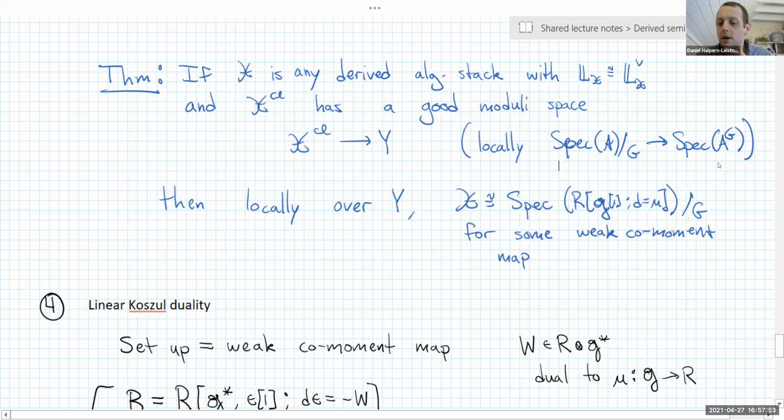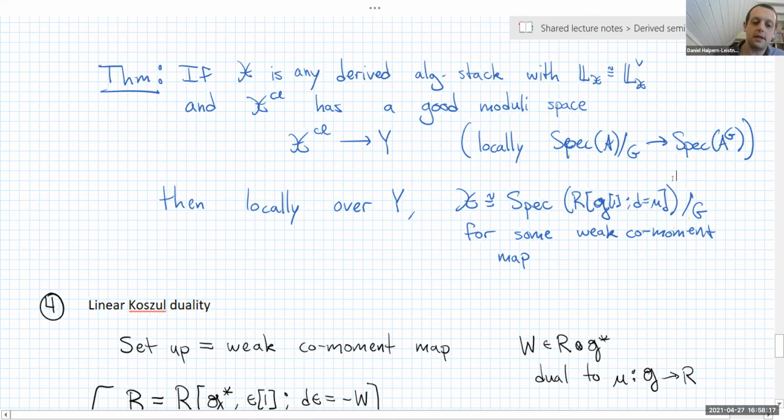If you fix an isomorphism between L_X and its dual, then there's a way to choose these slices so that they actually have this kind of canonical form. So it's just sort of yoga.